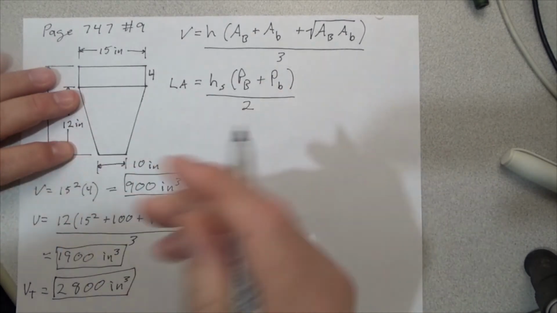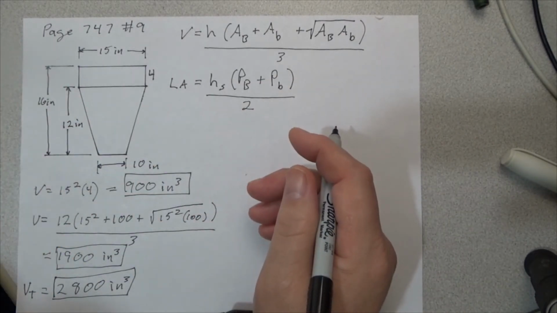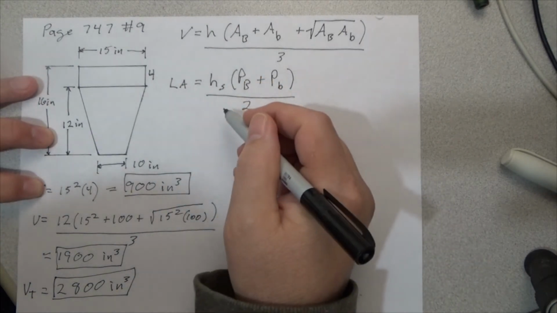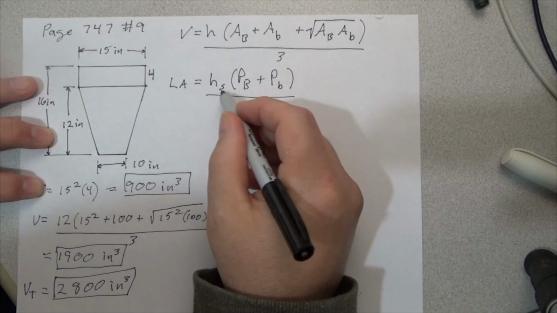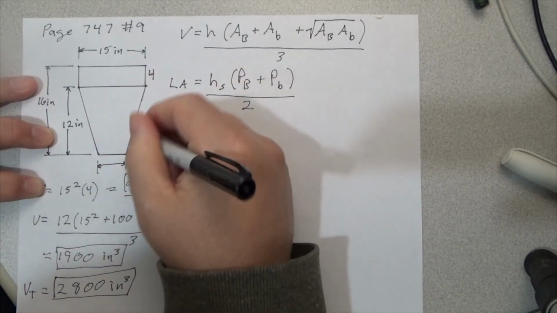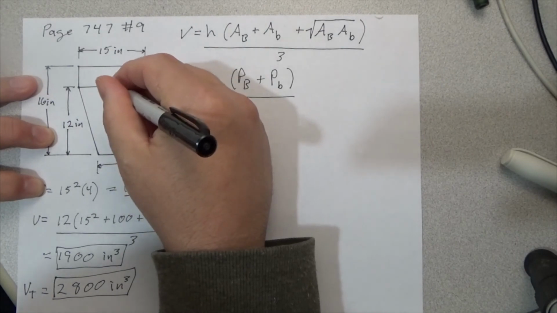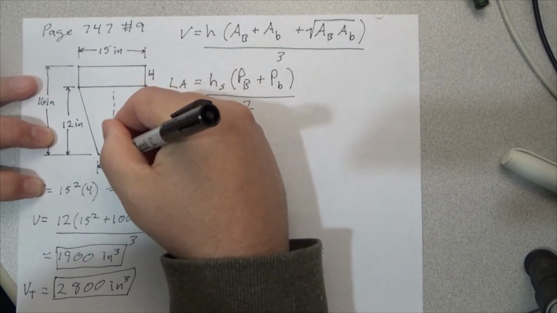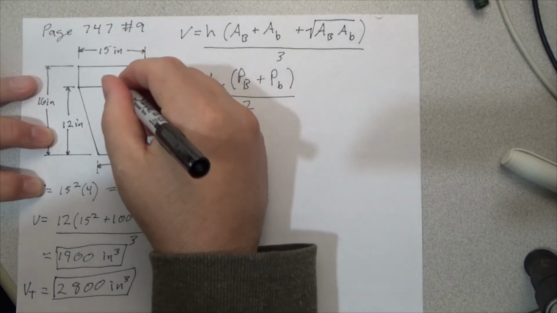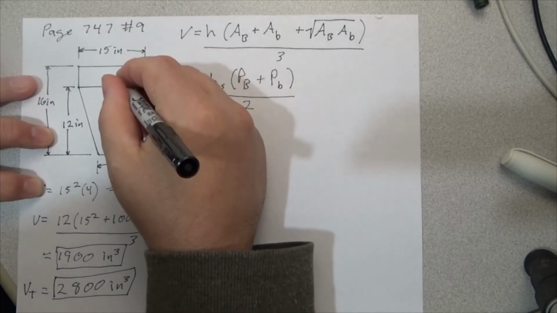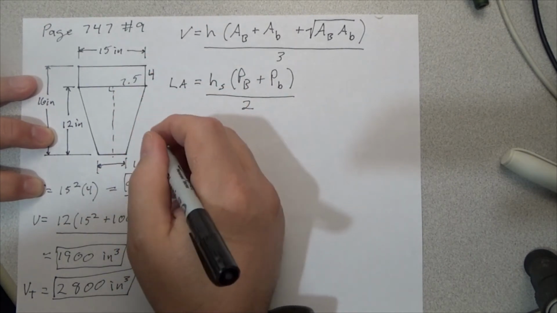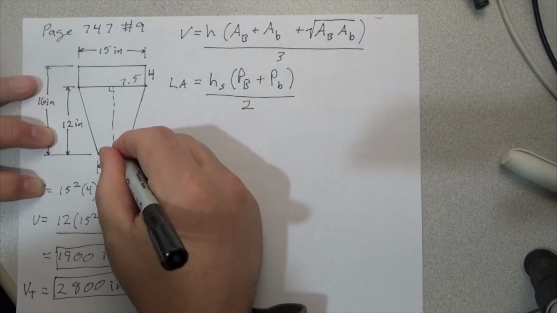So the first thing that I need to do in order to find the lateral area would be to find this slant height right here. So let's come over here, and this is that height right here that we're looking for. I'm going to draw a line down the middle here, and if this is 15 here, then half of it is 7.5, and if this is 10 here, then half of it is 5.